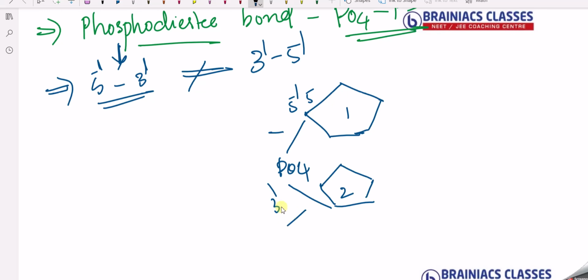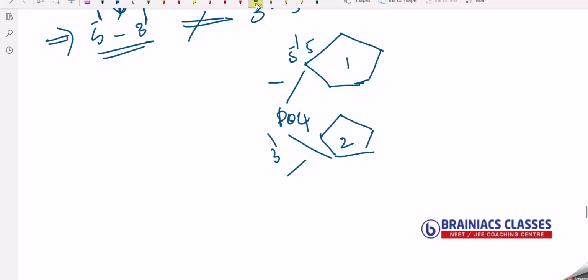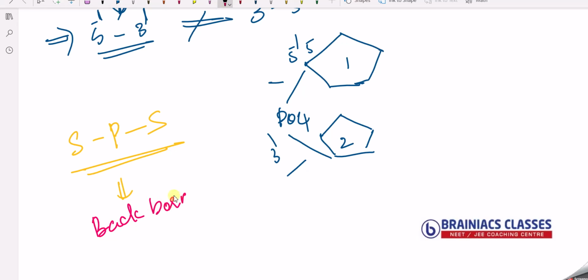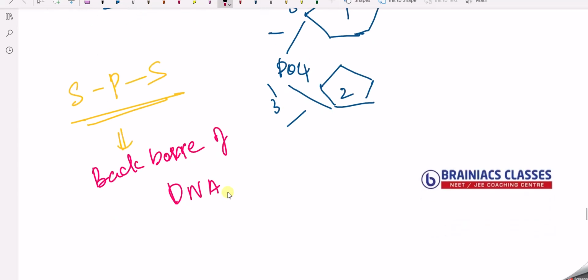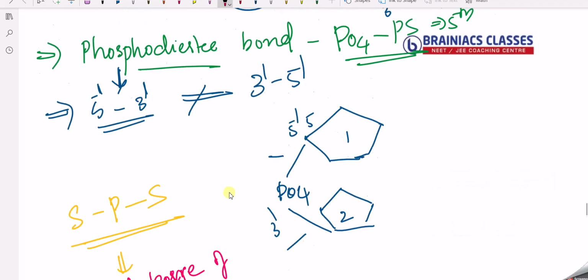This phosphodiester bond, that is sugar phosphate sugar, forms the backbone of the DNA. Understand what a phosphodiester bond is and how it is formed? Okay, so this is about the structure.